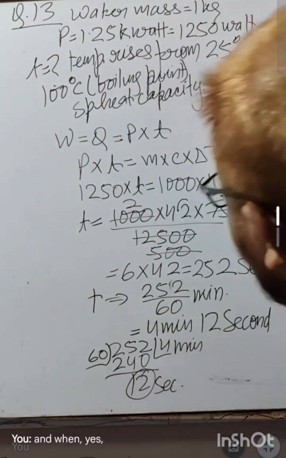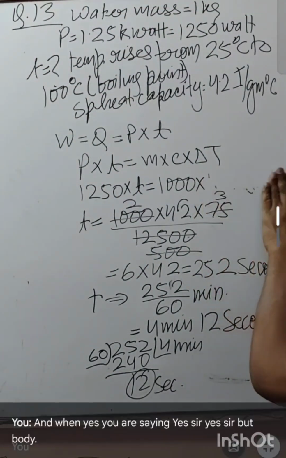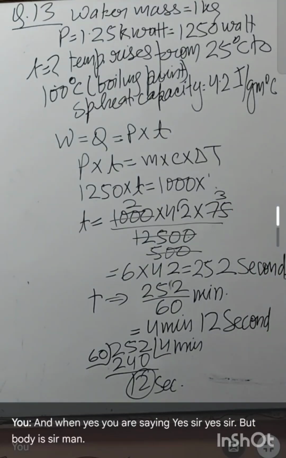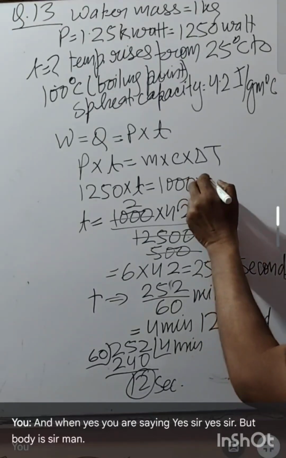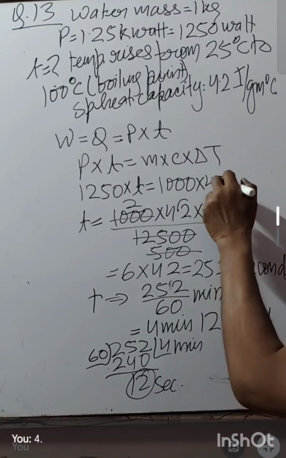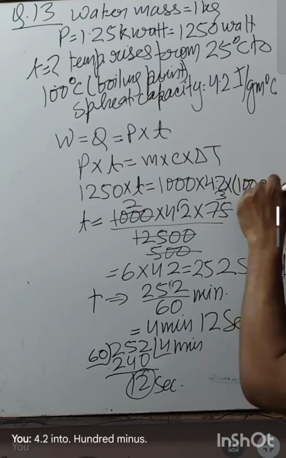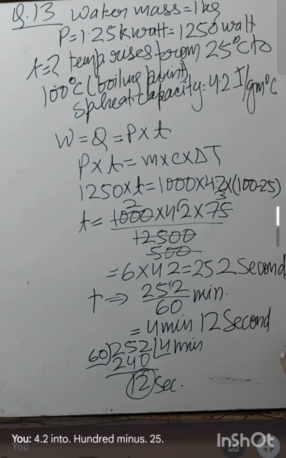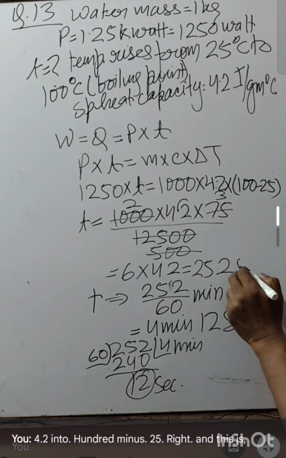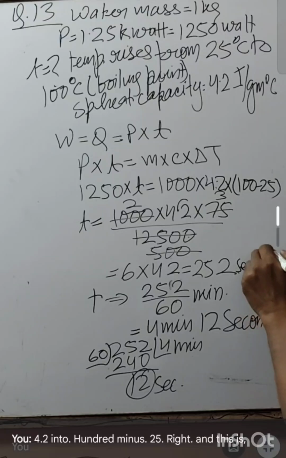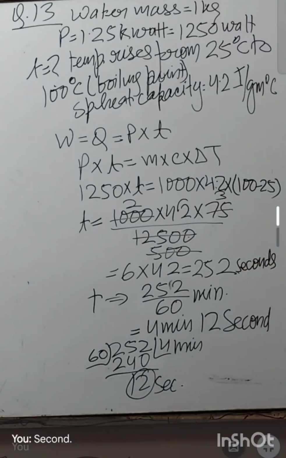Well, you are saying yes, sir, but what yes, sir, man? 4.2 into 100 minus 25. Right? And this is seconds. Is this done? Yes, sir. Done? Yes, sir. Very nice. Very nice.